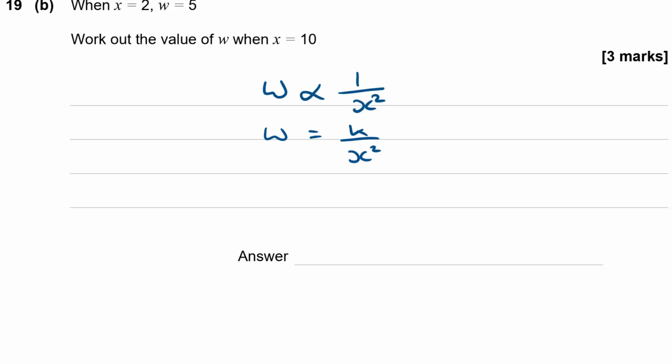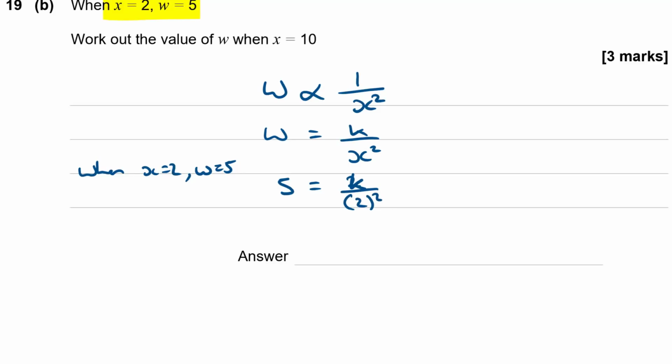We've got a pair of values that go together which can help us find K. So using the fact that when X equals 2, W is equal to 5, we can say that 5 must be equal to K over 2 squared, which is 4.